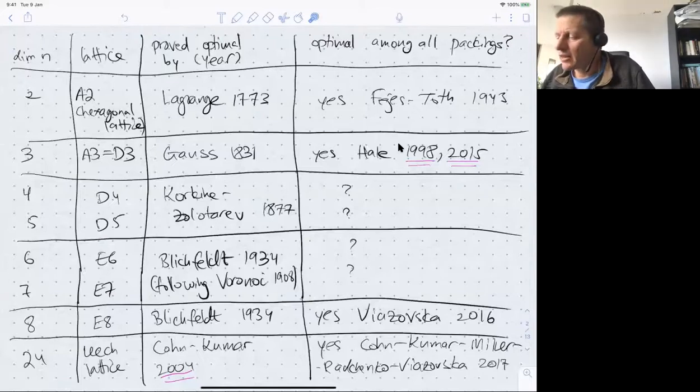And there's a classification of these root systems. These root systems show up in many other problems in combinatorics, including this. So they give rise to lattices.